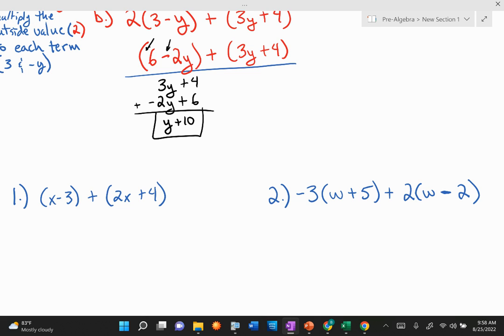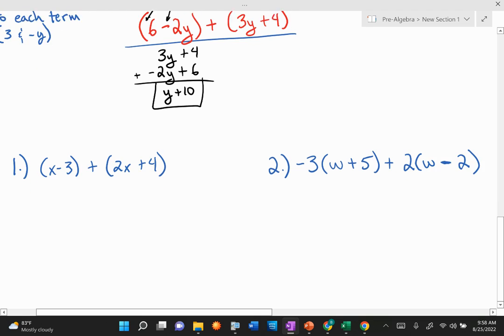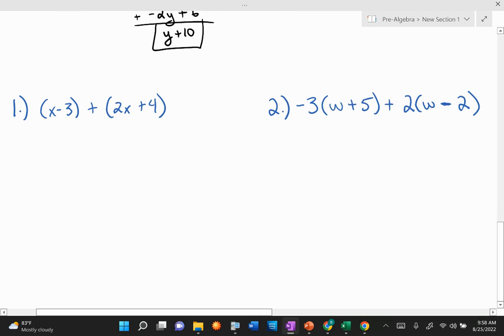Izzy, your group back there is going to be responsible for explaining number 2. Explaining how we got the answer? Yeah, just walking me through it. Wait, do we gotta do both? Yeah, everybody needs to do both.